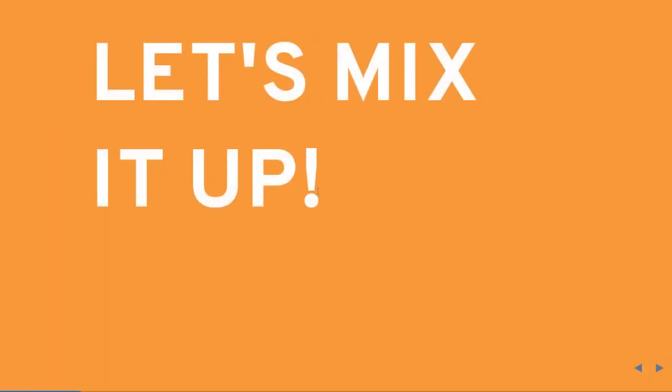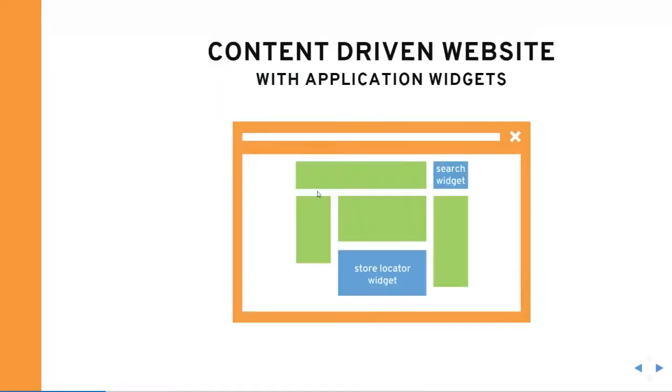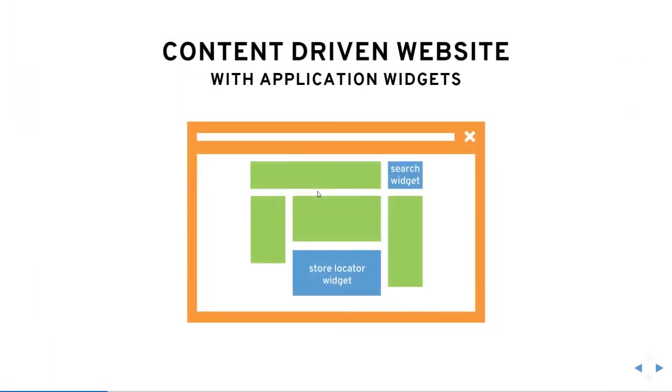So yeah, let's mix it up. Actually, I think both worlds can benefit from each other, right? We can have still a content-driven website that is still containing some application stuff, right? So maybe we have a huge content site that is having tons of pages, but on the top we have a search widget where we can search the page or something, and it goes to an index and gives some result, and the results should be very dynamic and everything.